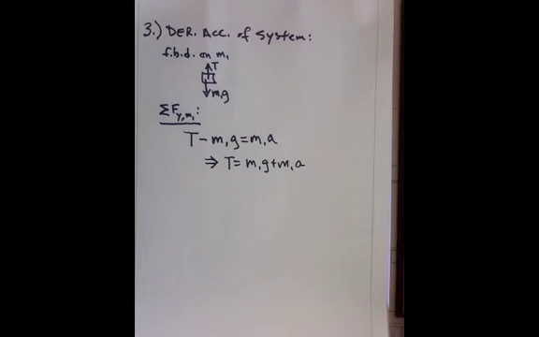Notice I'm doing everything algebraically. Even though I had numbers in the original problem, m1 was 0.5 kilograms, you always want to do your derivations using algebraic symbols. So in the actual problem, you have 2 unknowns here. You don't know a, you don't know T. You need a second relationship. And you'd get that by doing a similar kind of thing with the second mass.